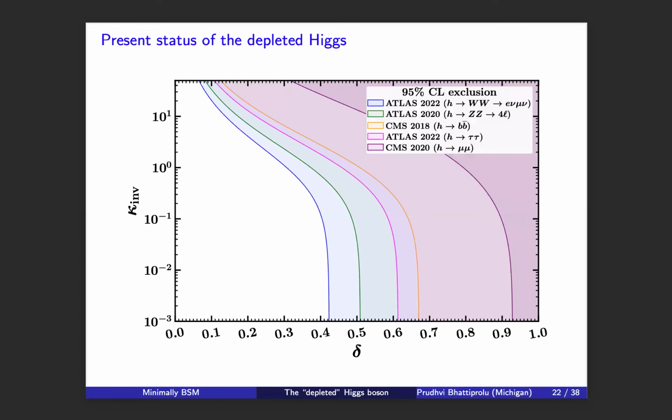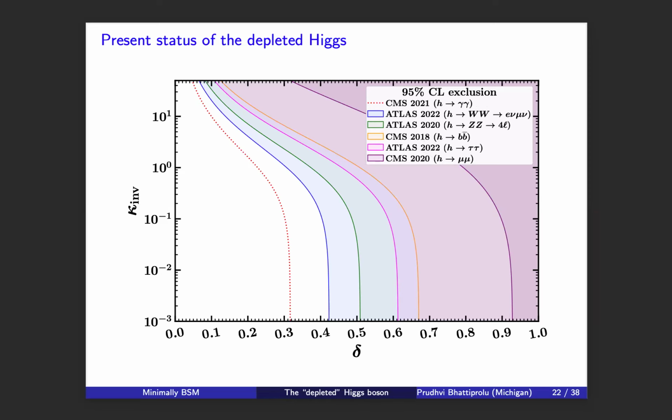This is the current status of the depleted Higgs scenario. Just to remind, delta is the universal coupling suppression and kappa inverse parameterizes the invisible width of the Higgs boson. The various shaded regions correspond to various constraints from standard model searches at the LHC.